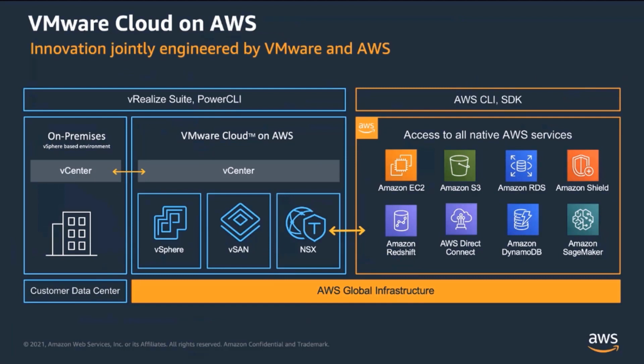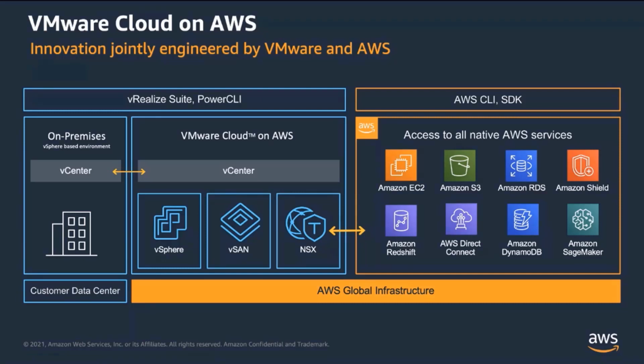As we take a closer look at the service itself, you can see here, when we built the service jointly engineered with VMware, we wanted to make sure we give you the exact same building blocks you're already familiar with: vSphere, vSAN, and NSX with vCenter on top of the AWS infrastructure, and giving you the ability to integrate with on-premises applications seamlessly, and at the same time with native AWS services, because remember we talked about modernization.